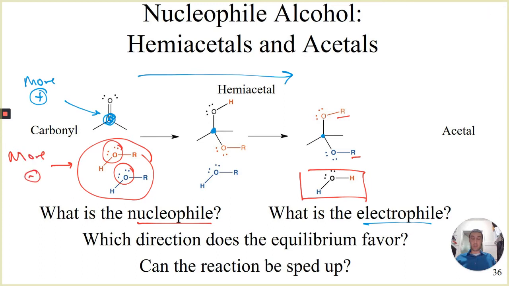So to make the nucleophile more negative, you would have to remove a hydrogen, thereby making that a negative oxygen. Now we have a strong nucleophile. To adjust the electrophile to make that more positive, what I could do is take a lone pair of those electrons and share them with a hydrogen. This makes my oxygen positive. It doesn't want to be positive, and so it further polarizes that pi bond, making the electrophile more electrophilic.